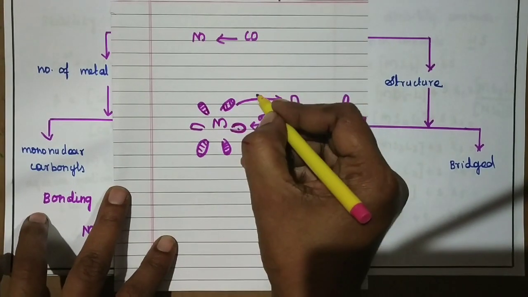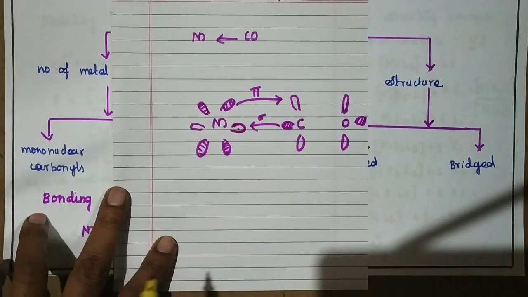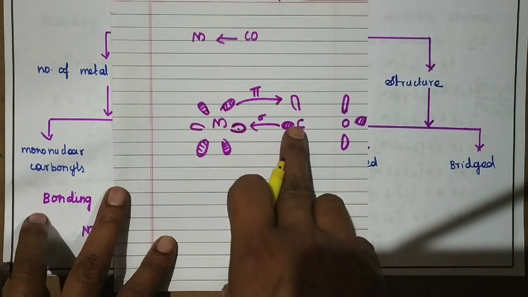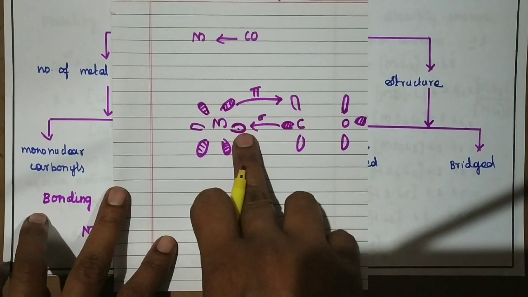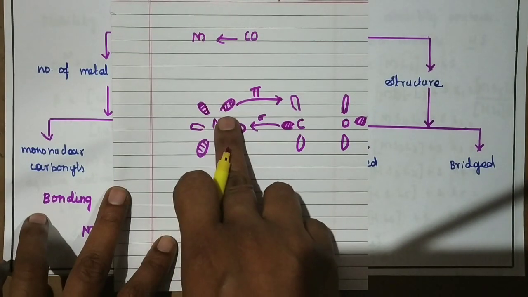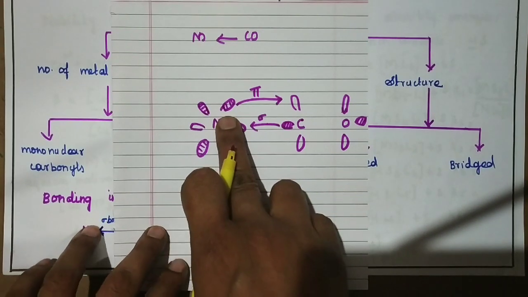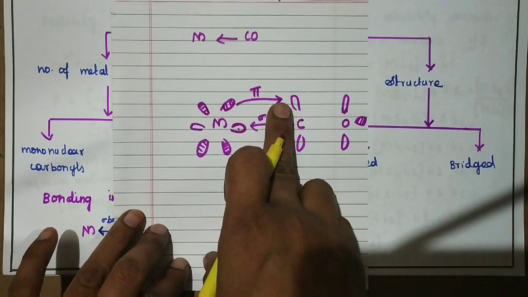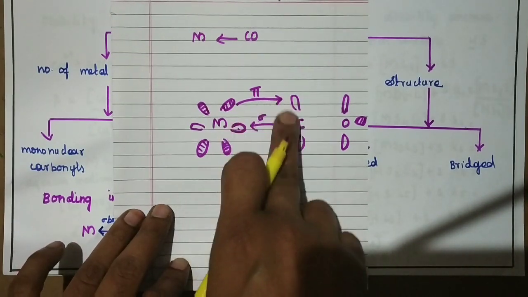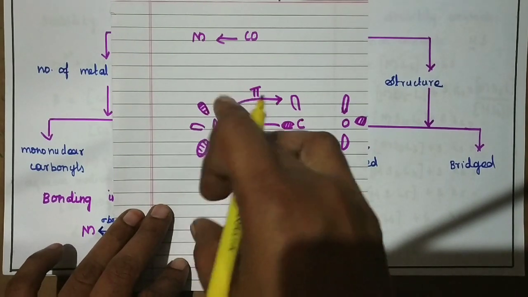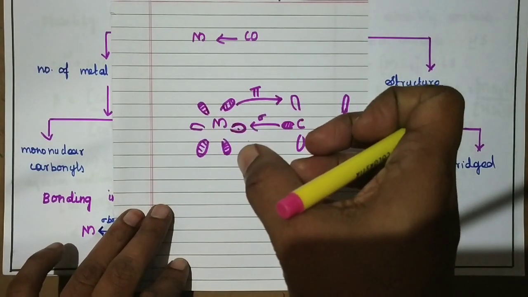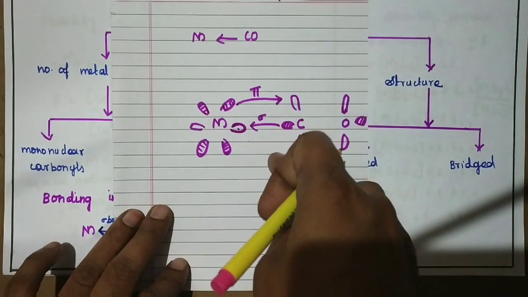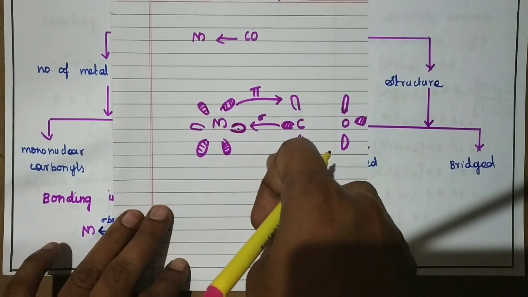Therefore a pi bond will be formed. First, the ligand gives the lone pair of electrons to the central metal ion, so the electron density increases; then the central metal ion compensates by giving electrons to the ligand. This forms a circular flow, therefore this bond will be very strong. We call this the synergic effect.